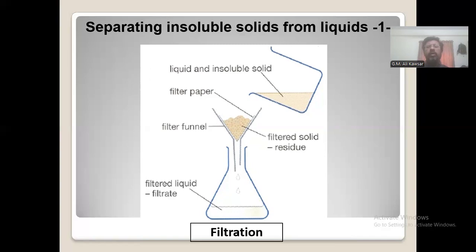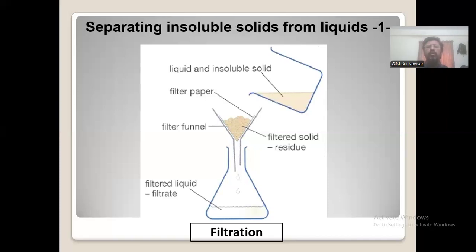Here, filter paper contains very tiny holes, and through those holes the water will be separated from the insoluble part. That means the solid part, lead bromide, which is insoluble in water, will be stuck on the filter paper, and the rest of the liquid will pass through and be deposited at the bottom of the conical flask.